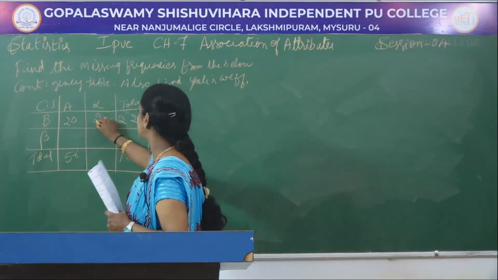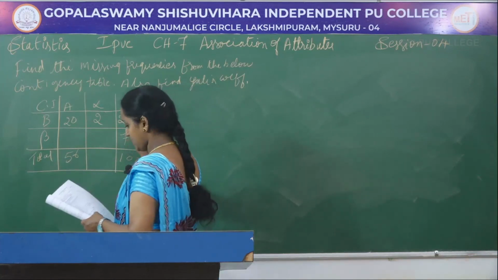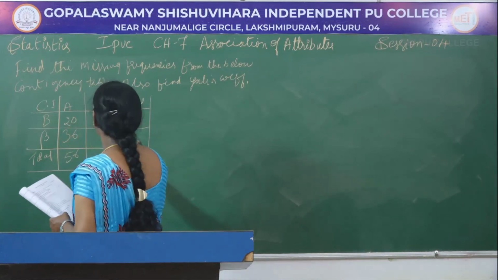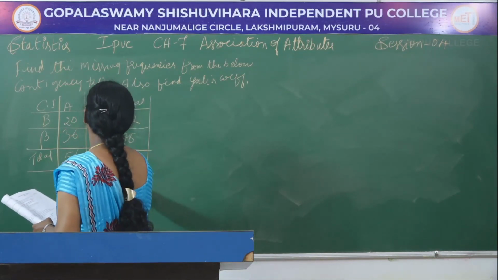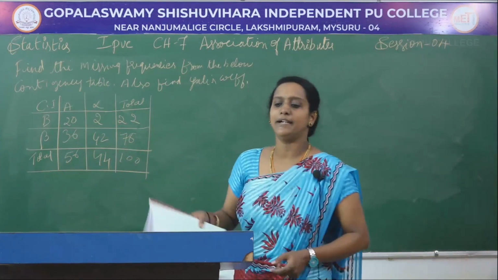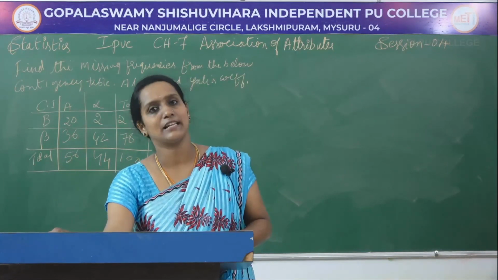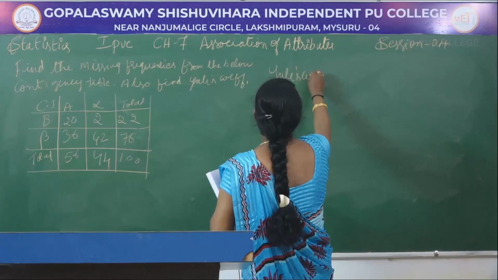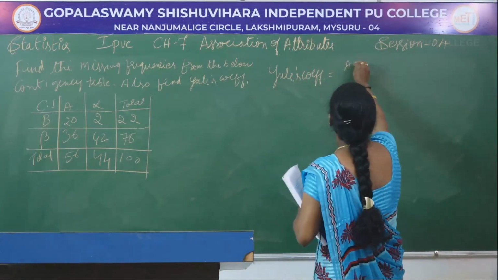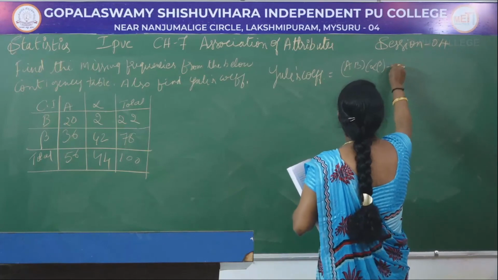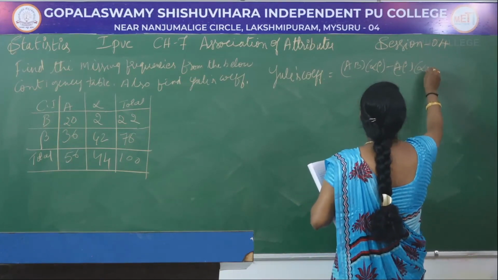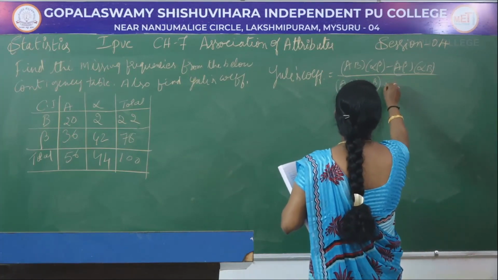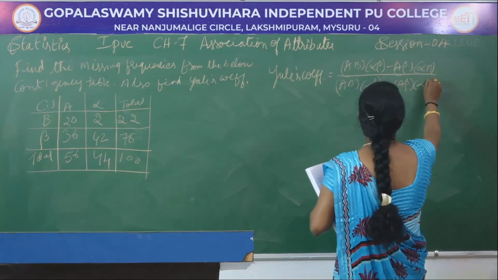22 minus 20 is 2. It is 78. 56 minus 20 is 36. 78 minus 36 is 42. It is 44. So now we have completed this table. Next we have to calculate the Yule's coefficient. First we have to write the formula: (AB)(αβ) minus (Aβ)(αB) divided by (AB)(αβ) plus (Aβ)(αB).